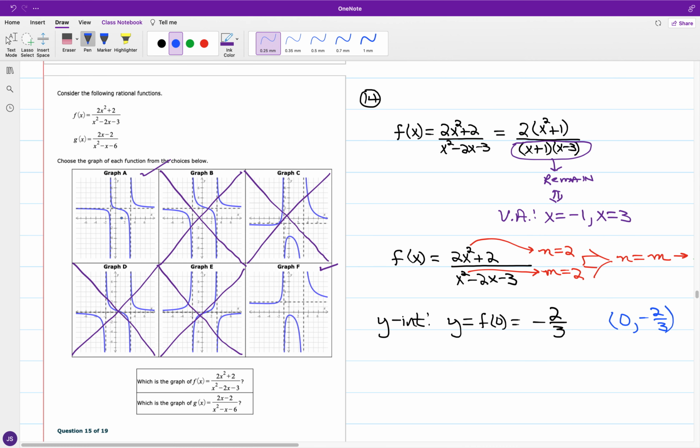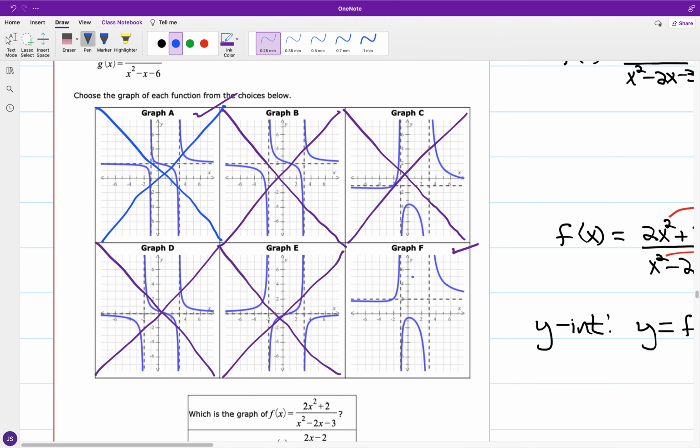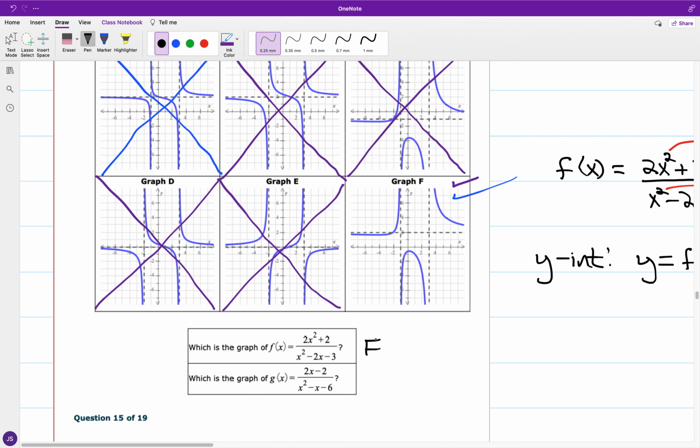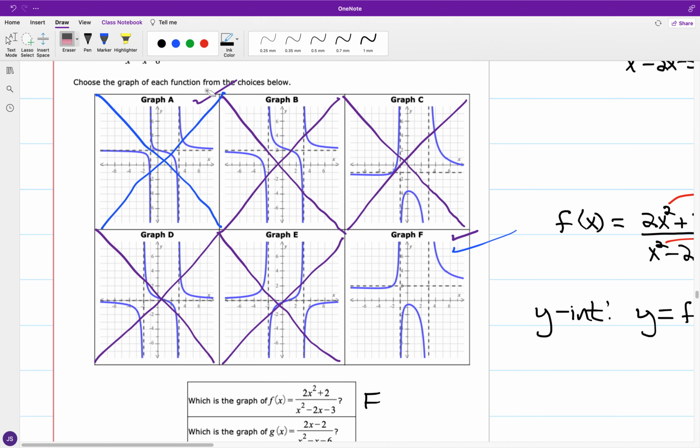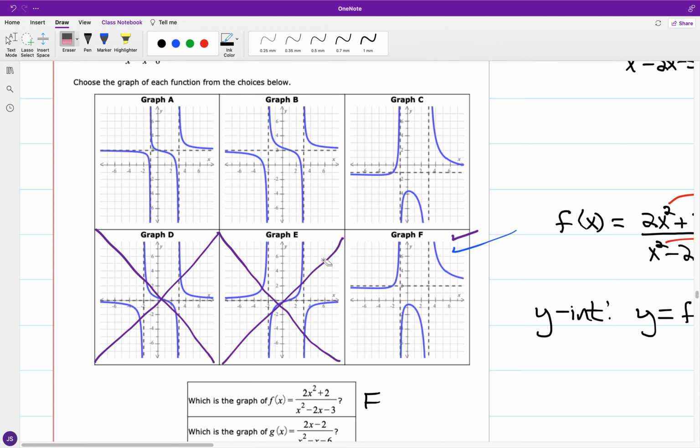Okay, so you're not going to have 0, -2/3 here. And for graph F, okay, we have for the middle section, you have on the y-axis, and you have a negative y value on the axis. And it looks like that for the graph of f of x, we have F is going to be that which comes the closest to perfectly describing what we have for this first rational function.